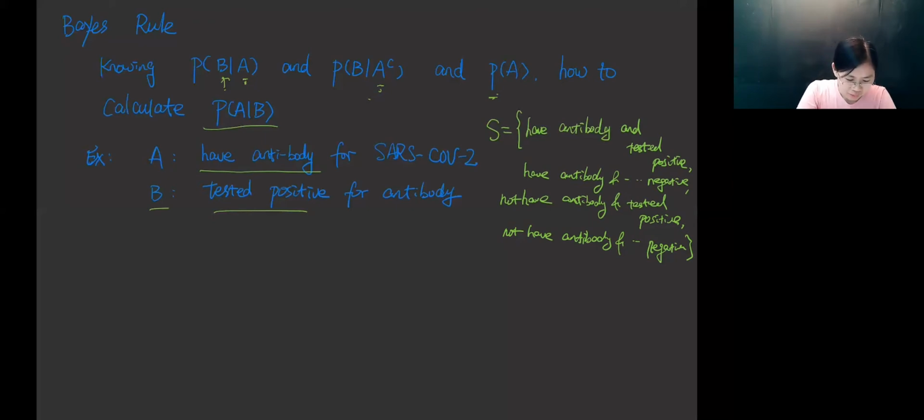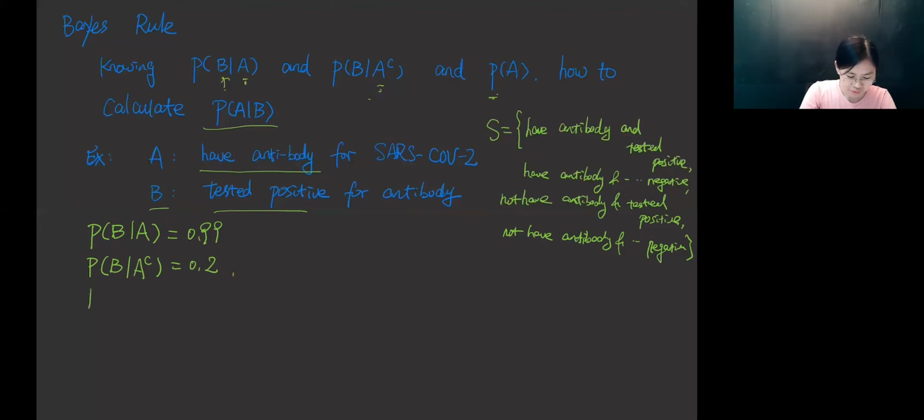Suppose we know the probability of a positive test given that you have the antibody is 0.99. And the probability of a positive test given that you do not have the antibody is 0.2.